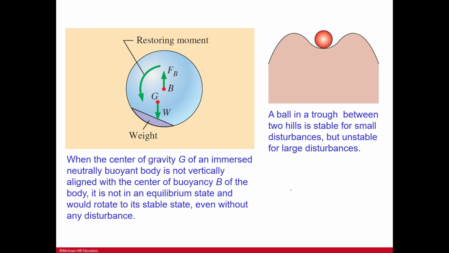Okay, and so this is restoring momentum when the center of gravity G of an immersed neutrally buoyant body is not vertically aligned with the center of buoyancy. It is not in an equilibrium state and would rotate to its stable state even without any disturbance, because everything is trying to reach that equilibrium state. That's going to be an underlying theme in this course as well, and in anything that's a natural law.